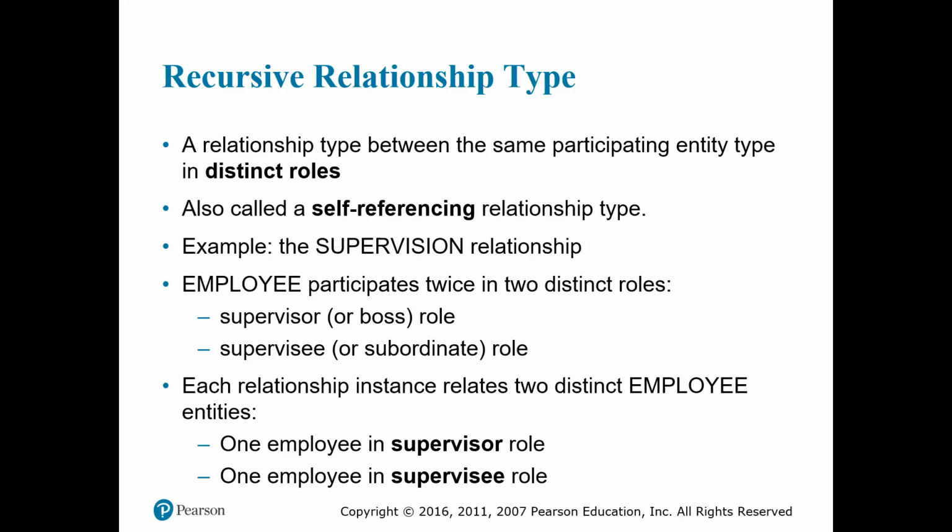And recursive relationship types, where you have like a supervisor column in an employee table, where every employee is listed as an entity, right? Every employee is a row, an instance of that entity. They've got a key field, right? Employee number generally.